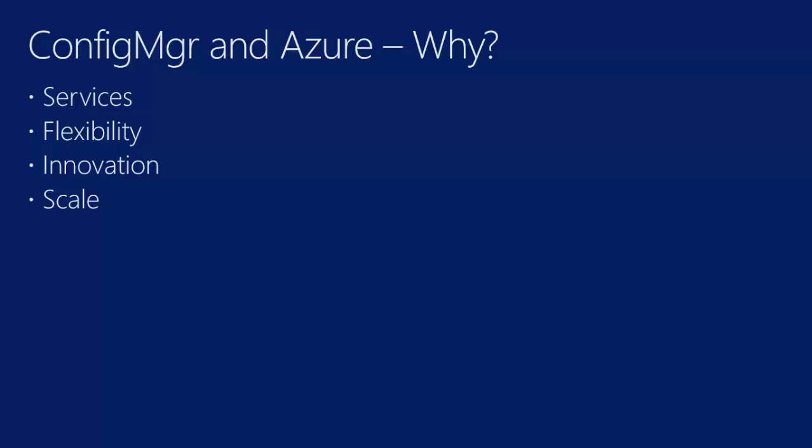Really depends on the service, as I mentioned, but certainly it's out there. Again, flexibility, being able to do cloud only, on-prem only, hybrid environments, as I mentioned a moment ago, and then innovation. Again, with the cloud-first direction, we are constantly adding things to Azure, constantly updating Azure.